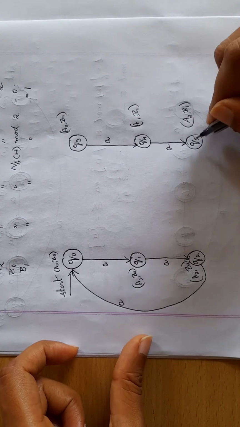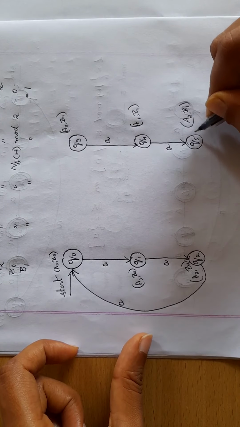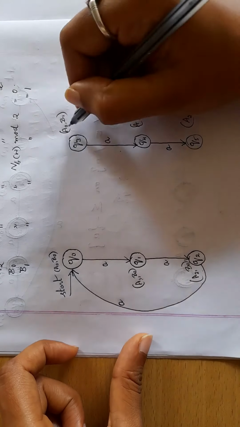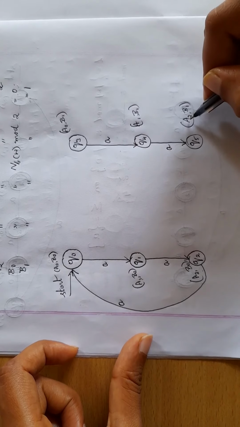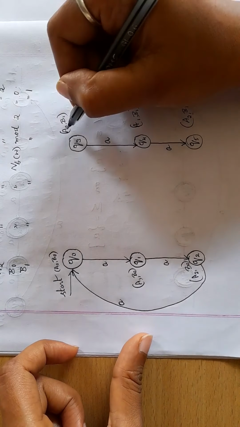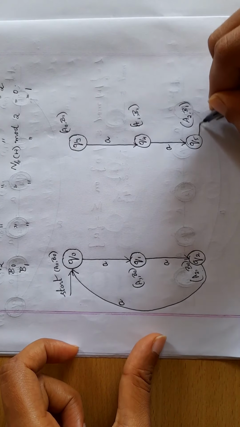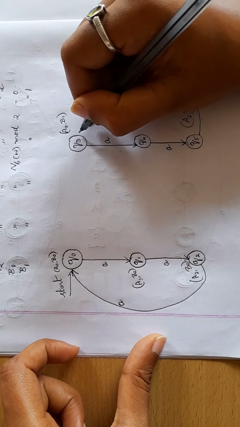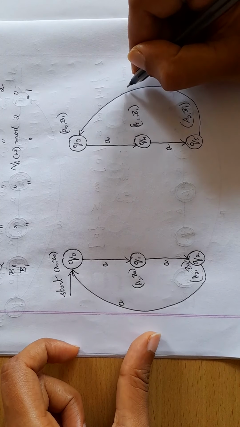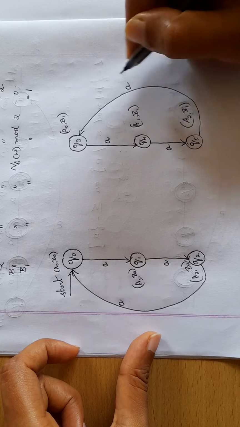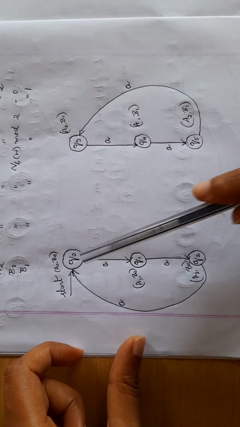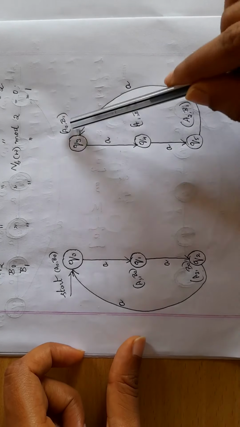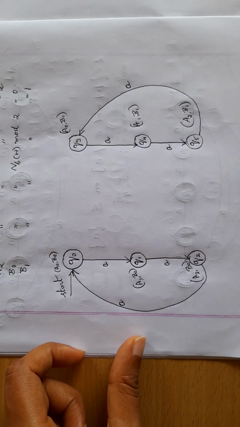From Q5, if I read the next A, where will it go? A0 to A1, A1 to A2, A2 will go back to A0. So from Q5, if I read one more A, it will go to A0, that is state Q3. So from Q0, Q1, Q2, Q3, Q4, Q5, A is done.